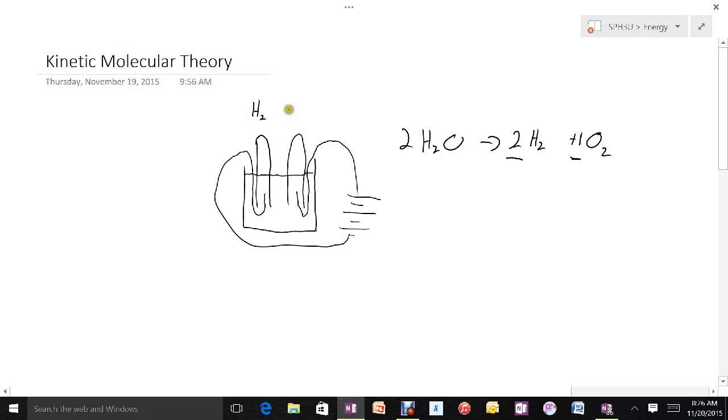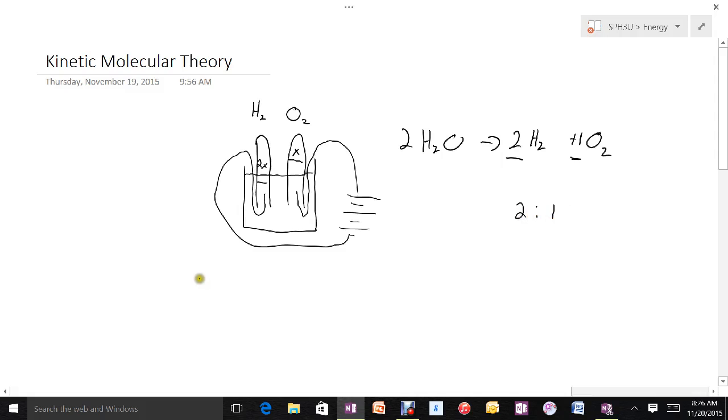This test tube is the one getting the hydrogen gas, and this test tube is the one getting the oxygen gas. Then we should always produce twice as much hydrogen gas as oxygen gas. The ratio works out to be exactly 2 to 1, regardless of how long you do this experiment or any of the other factors.